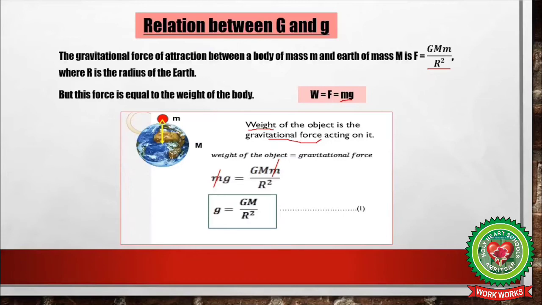By equating, m and m get cancelled and small g is equal to G M upon R square, where G is the gravitational constant, capital M is the mass of the earth, and R is the radius of earth. It is one of the important equations of gravitation. You have to learn this and you should know how it gets derived.